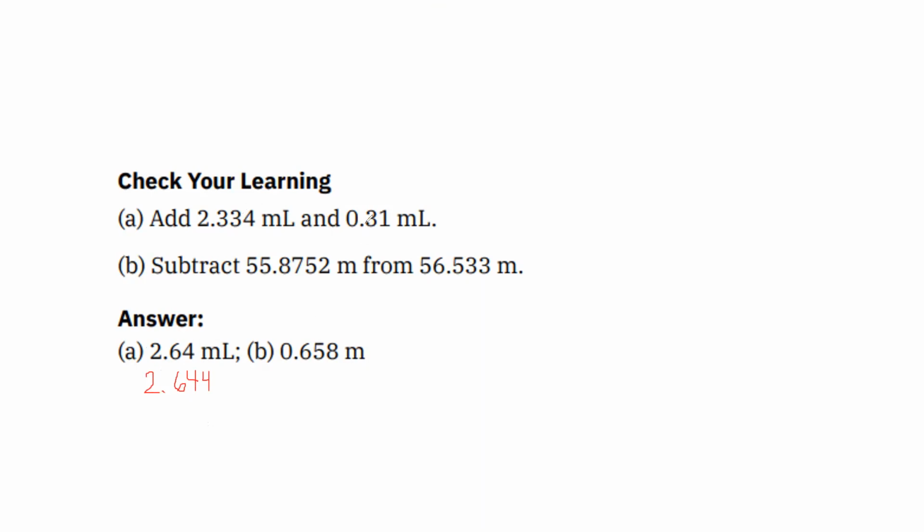But again, we have to round to whatever is the least precise, whatever has the fewest digits after the decimal. In that case, it's going to be the 0.31. That's going to be the determining factor. So we can only have 2 decimal places in our final answer. And then since the third digit is a 4, that means we round down. So we're just going to keep it as 2.64. If we had a 5 here at the end, then we would round it up to 2.65, but that's not the case here.